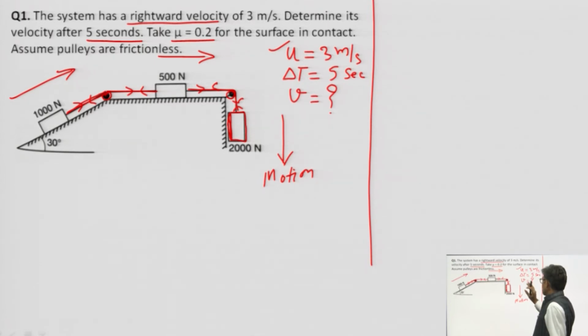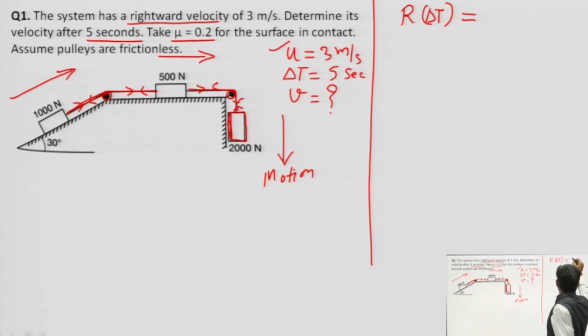So, if we apply the impulse momentum equation, what is impulse momentum? Impulse momentum is the force causing motion, R, into delta t, that is equal to the change in momentum.